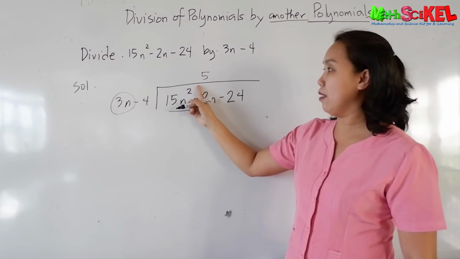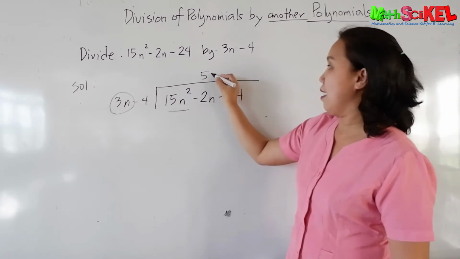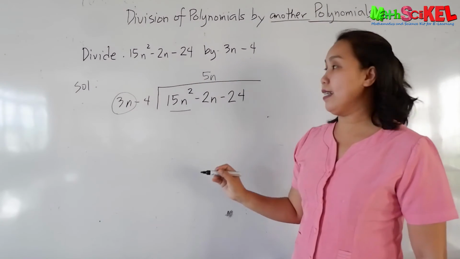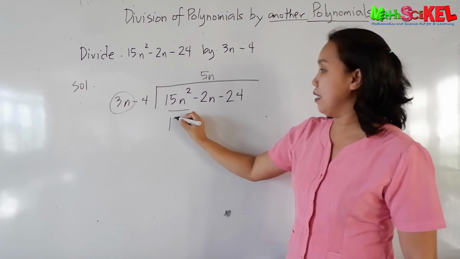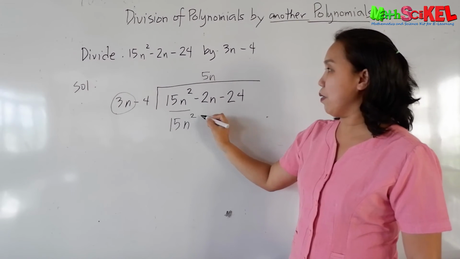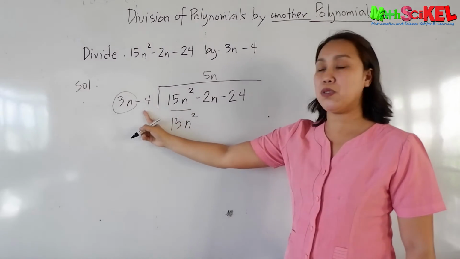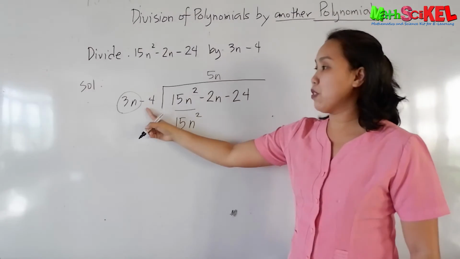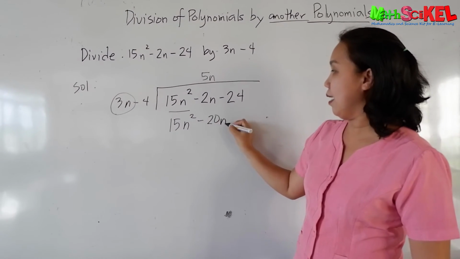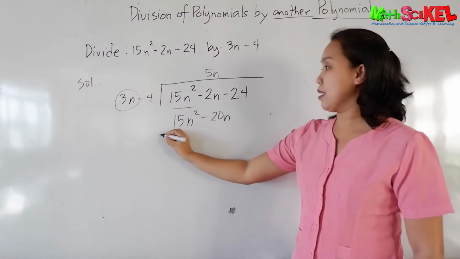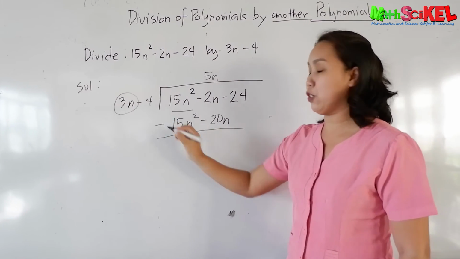So, n squared divided by n is n. Multiply it: 5n times 3n is 15n squared. Proceed to the next term. 5n times negative 4 is negative 20n. After that, proceed to the process of subtraction.